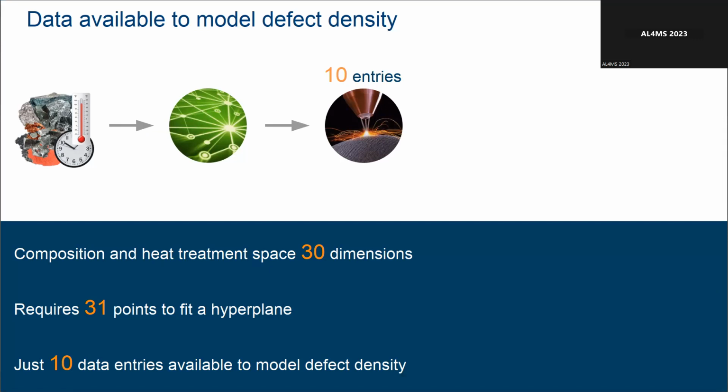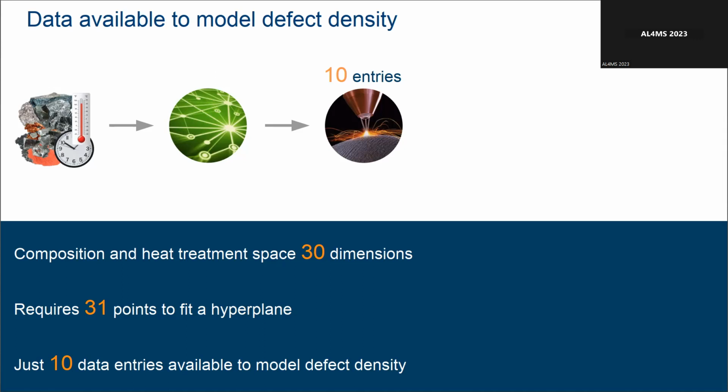There are the elemental concentrations of about 20 different metallic elements one might consider putting into this alloy, and another 10 variables that describe the 3D printing process, which could, for example, be how much power to put through the laser and how quickly to scan the laser across the object.